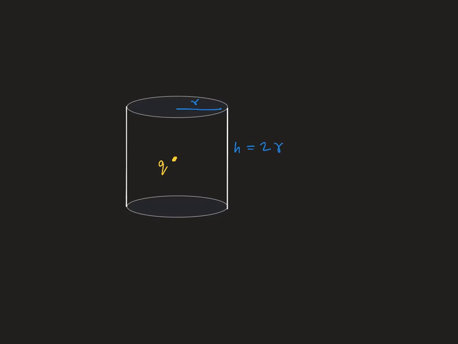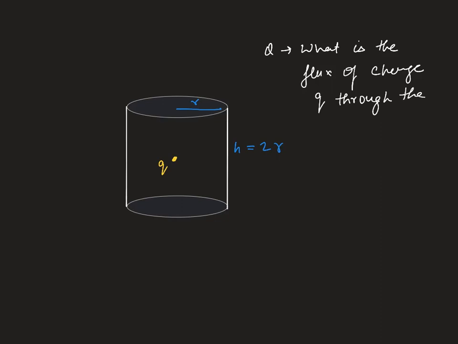Now the question being asked is very simple: what is the flux of charge q through the curved surface? This is your curved surface here, you can see it very easily.